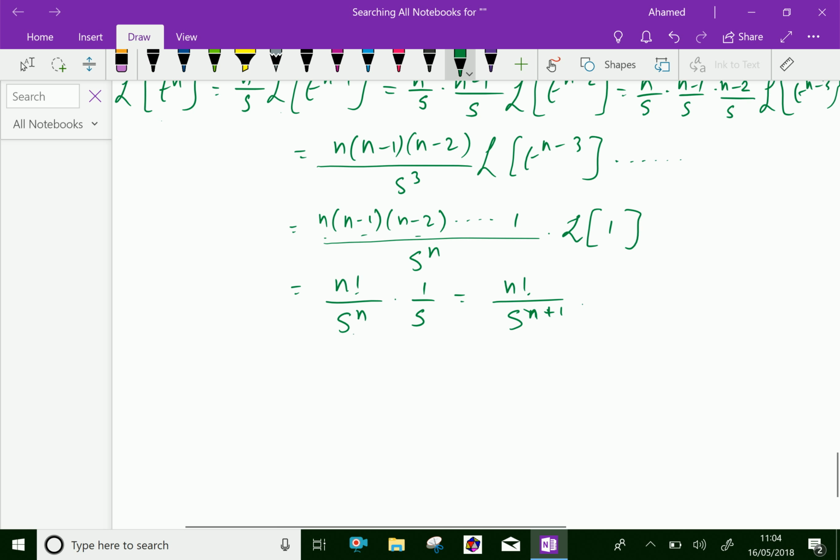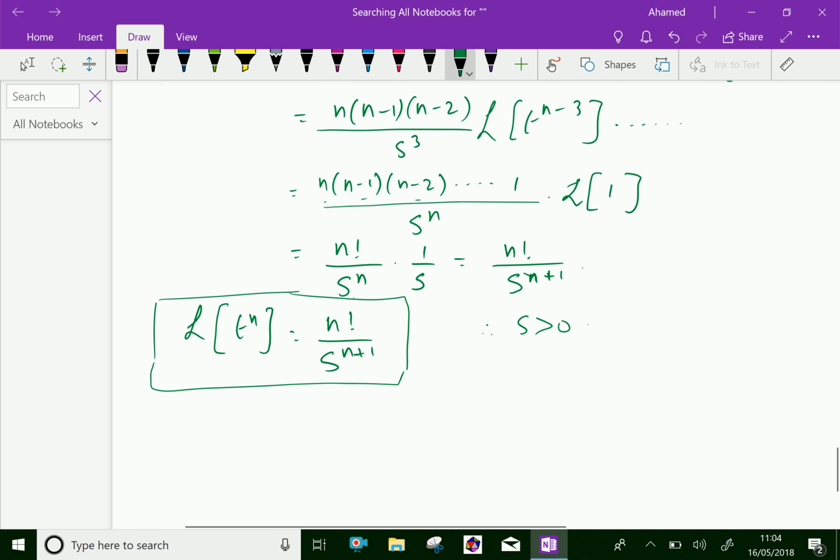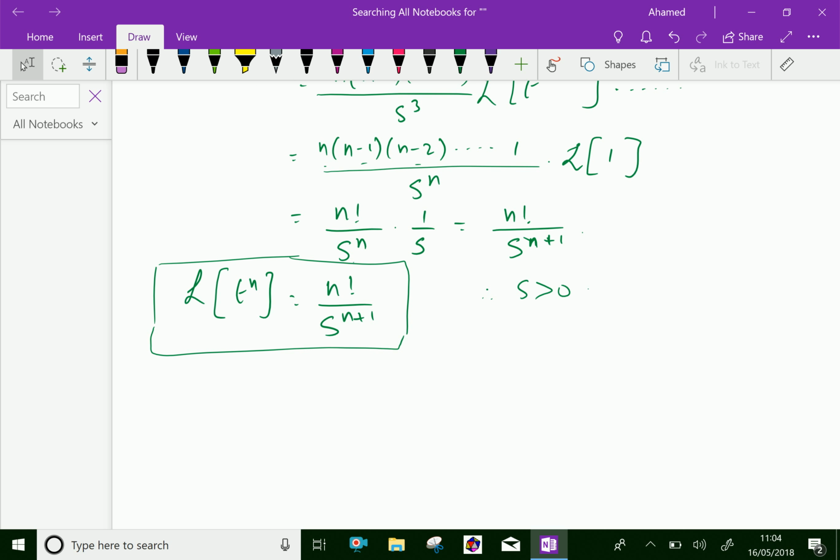So we got the result. Laplace transform of t power n equal n factorial over s power n plus 1, where s is greater than 0. Now this is the final result. Now we will put some values of n.